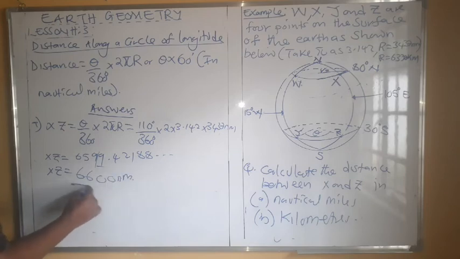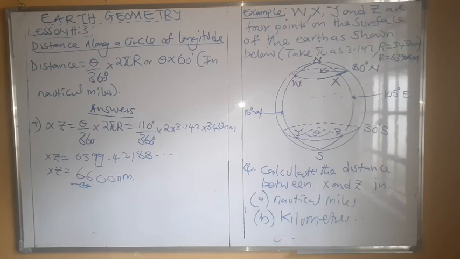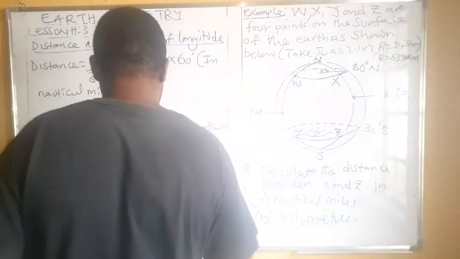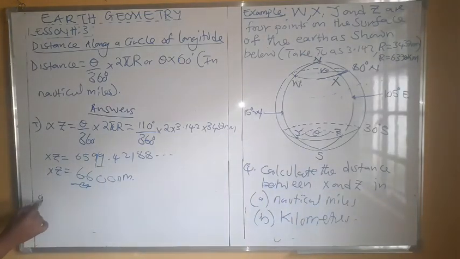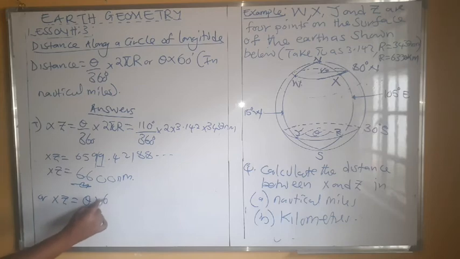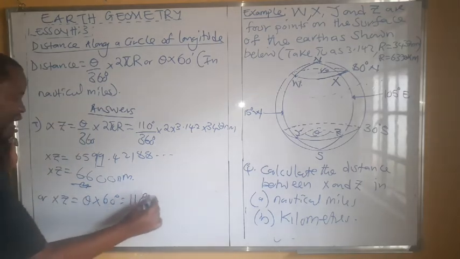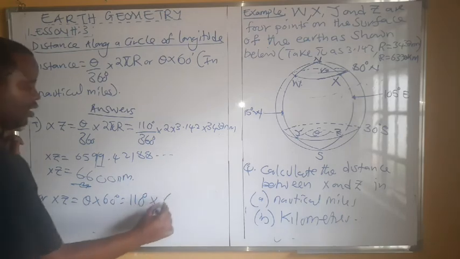Nautical miles. Alright? Alternatively, you can do your computation using this, because it's nautical miles. You say, what is my angular difference? What is the difference in latitude? We got 110. So you're going to say d equals theta times 60 minutes, that is 110 degrees times 60.